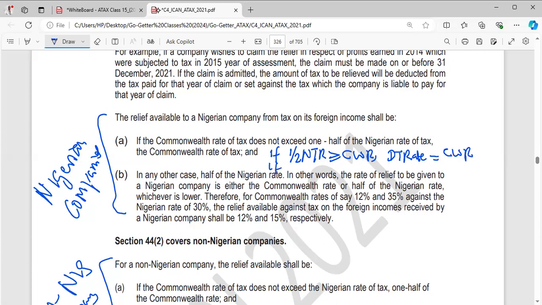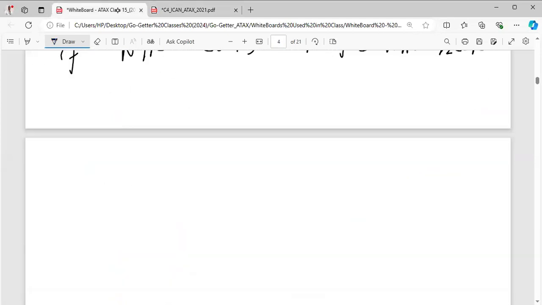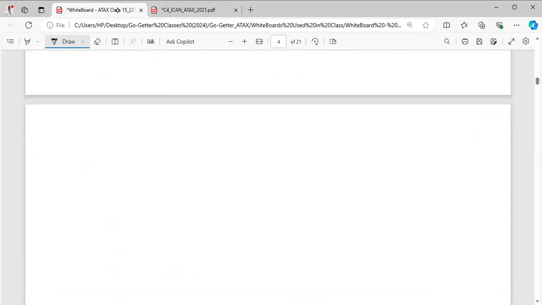If half NTR is less than CWR, DT rate, I will still write it on our board, will be equal to half NTR. So we'll bring these formulas together and put them in place. But let's give an example now.